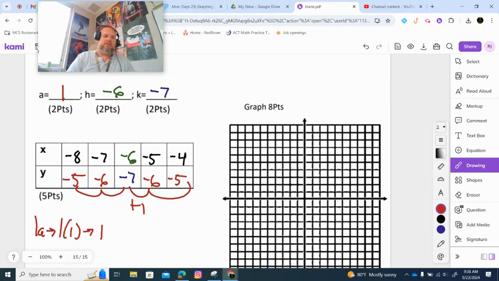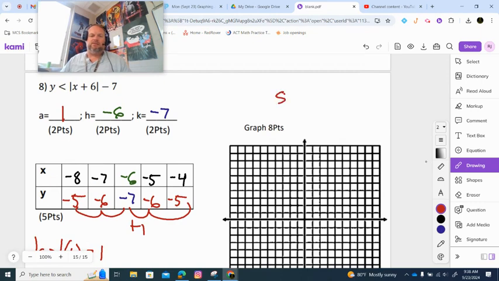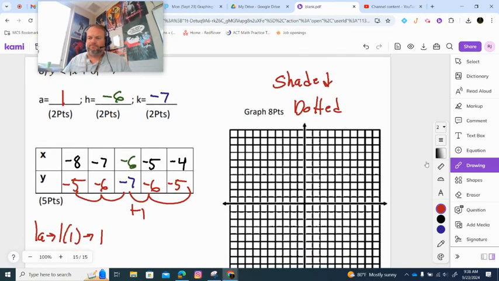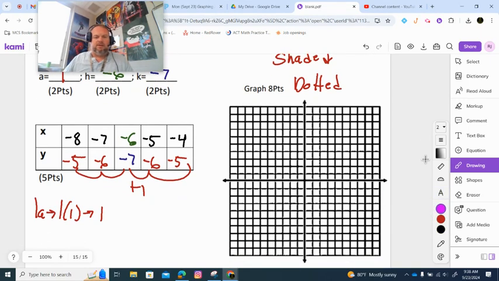And this is going to be shade down and dotted. Let's see, 10, 9, 8, 7, 6, 10, 9, 8, 7, or 1 up 1, or 1 up 1, or 1 up 1, or 1 up 1.